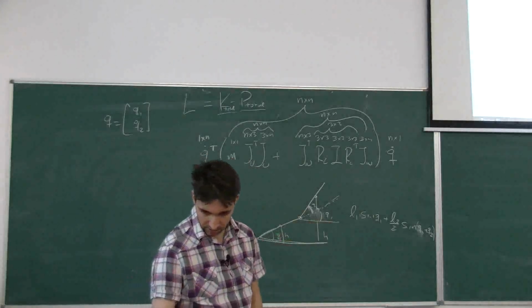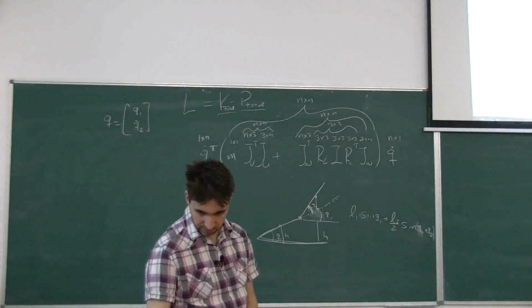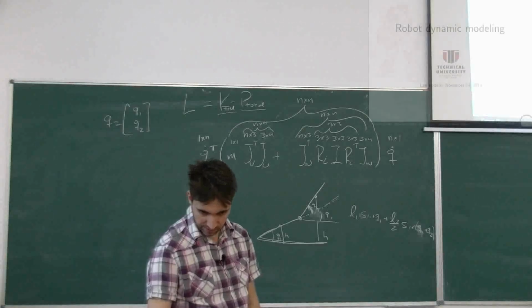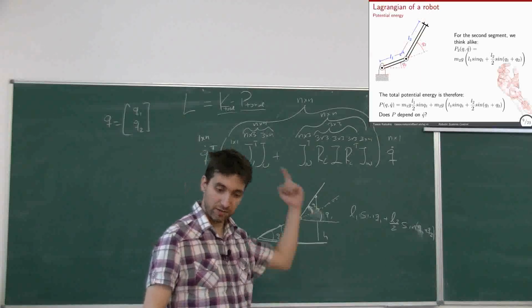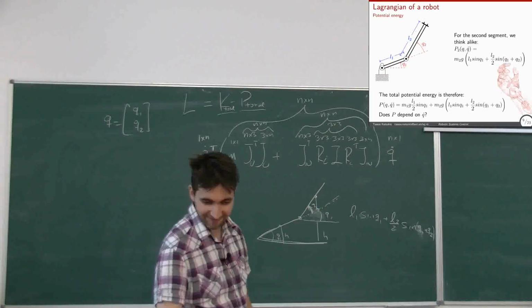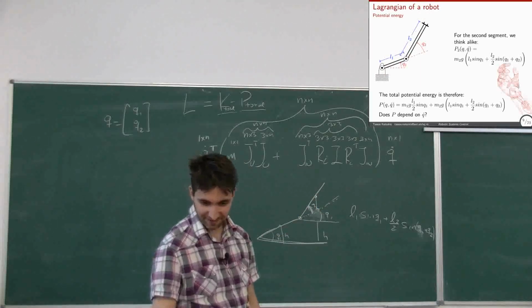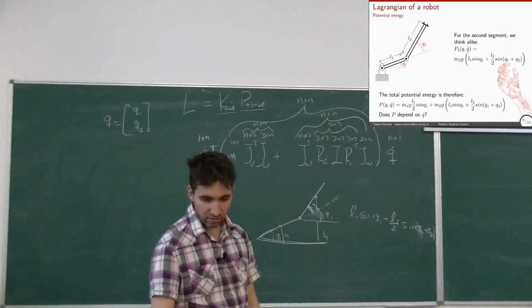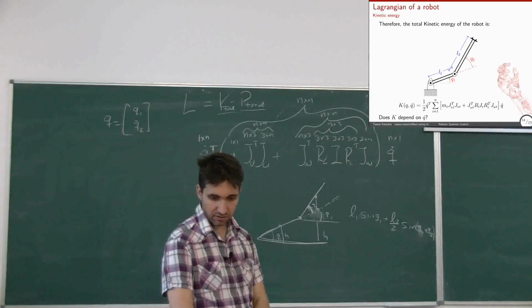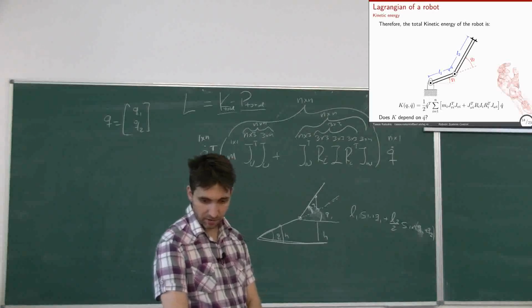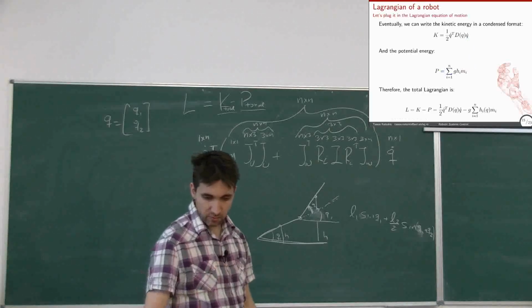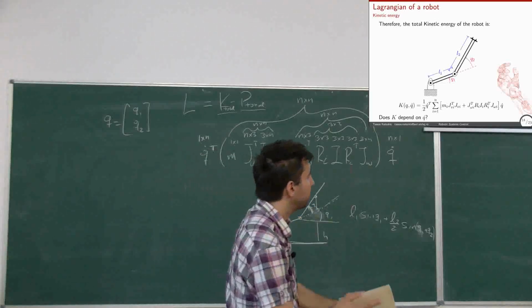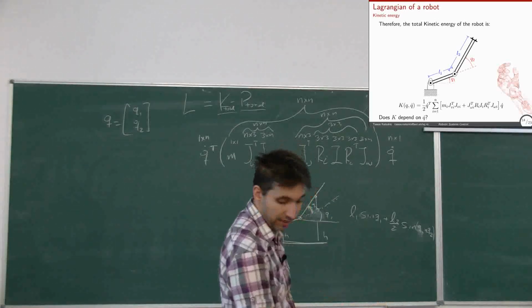I corrected it on the slides as well, and it's already online. And we continue with our discussion. So this is what we were left at, the total kinetic energy.